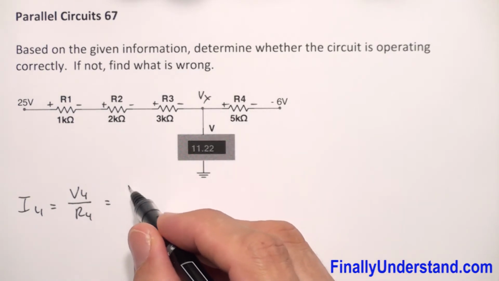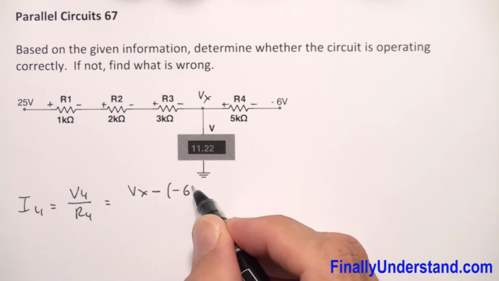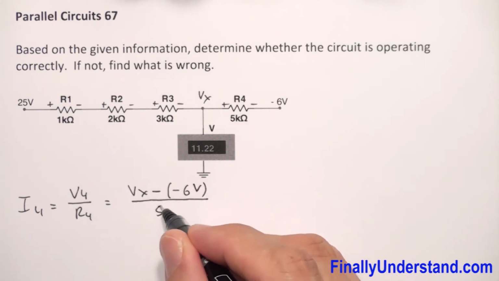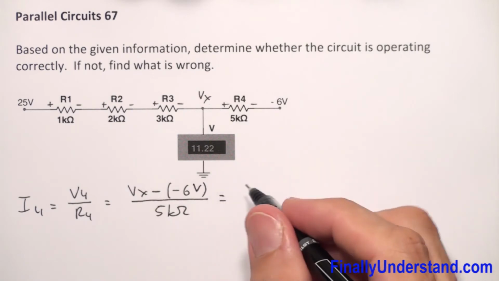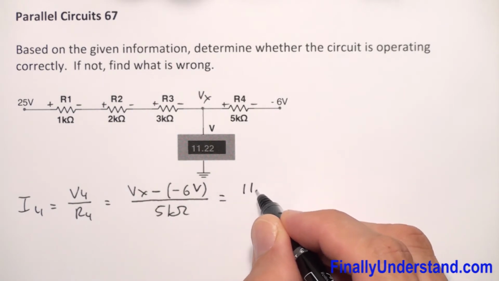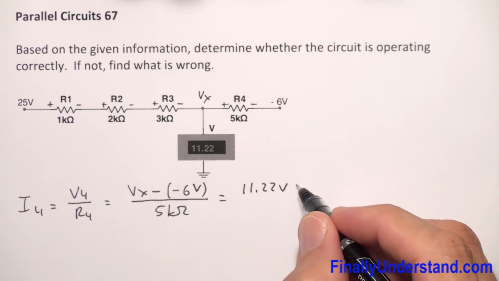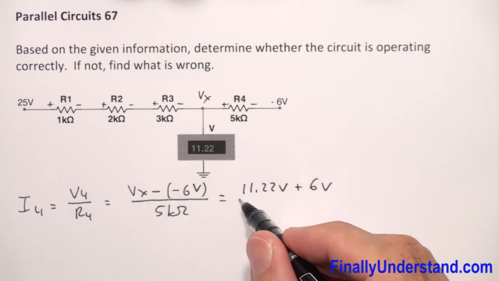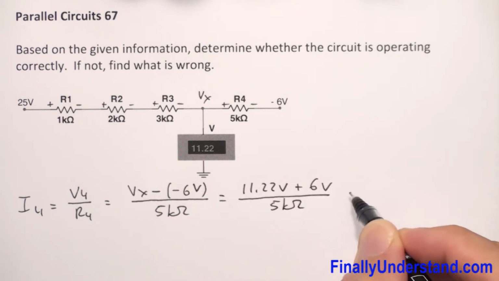This is nothing else but Vx minus, in this case, negative 6 volts, over R4, which is equal to 5 kilohms. So my Vx is equal to 11.22 volts. Negative times negative gives me positive 6 volts over 5 kilohms.